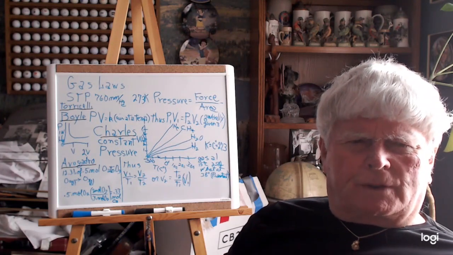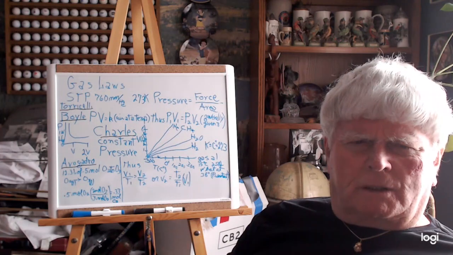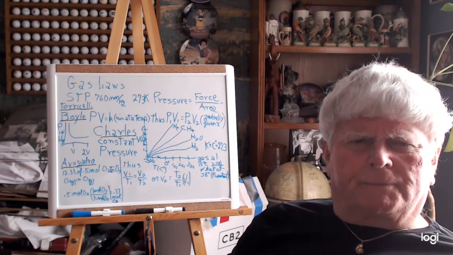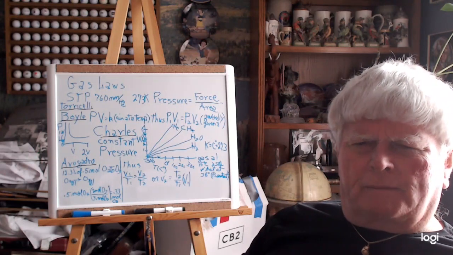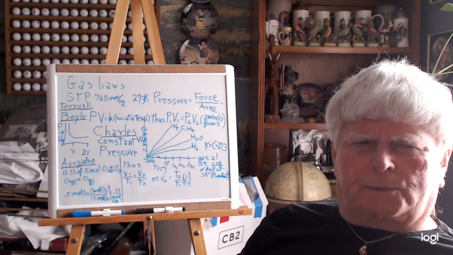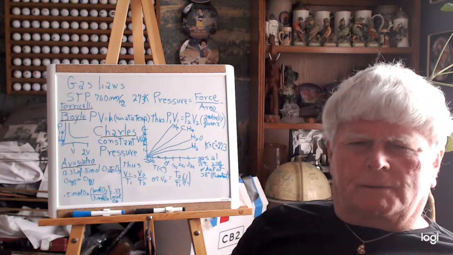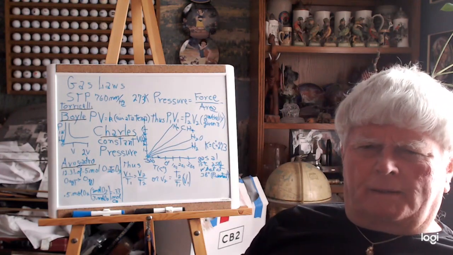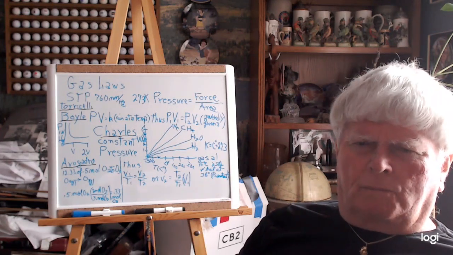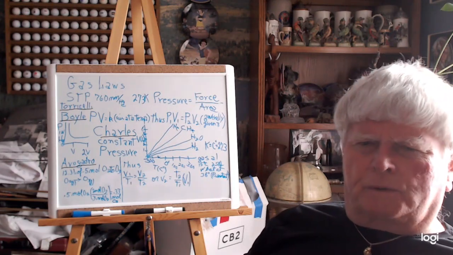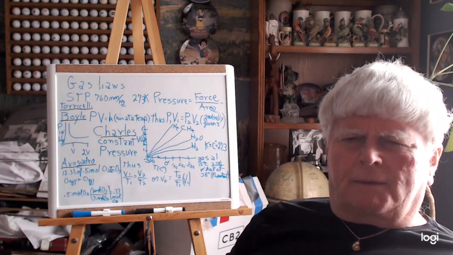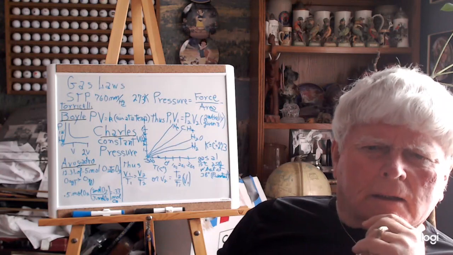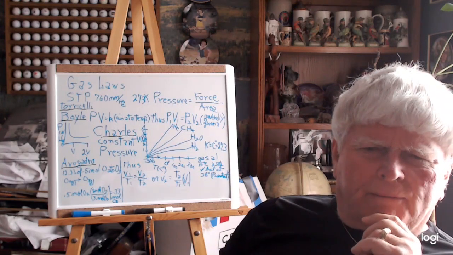All right, the first of the champions of gas laws is Boyle, an Englishman. He says that pressure times volume at a constant temperature is equal to a constant. Thus, he formulated that pressure 1 times volume 1 is equal to pressure 2 times volume 2. On the surface this looks like a duh comment, but it's actually quite versatile.